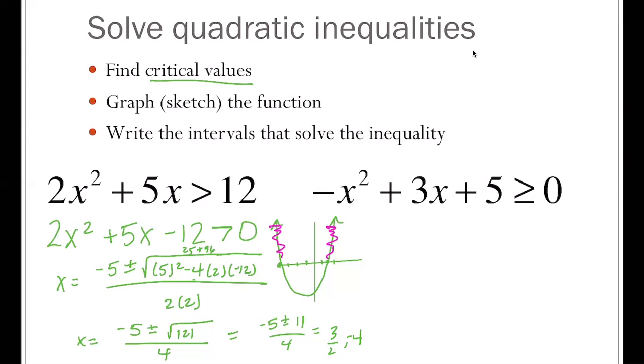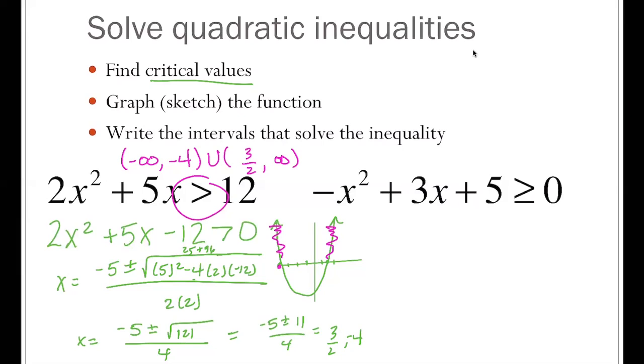So our solution would be -infinity to our first x-intercept, which is -4. Now it can't include -4 because there's no equal sign, so it's a parenthesis, union 3/2, comma, infinity. Because we have two areas where it is above the x-axis, we should have two intervals joined by a union.